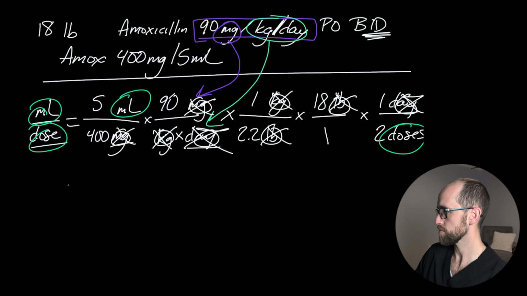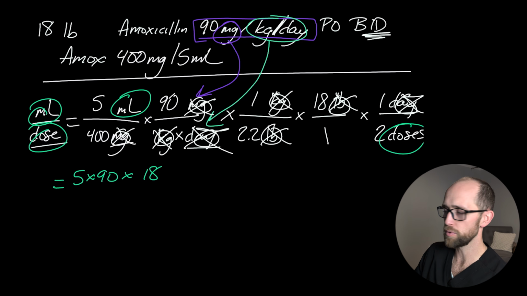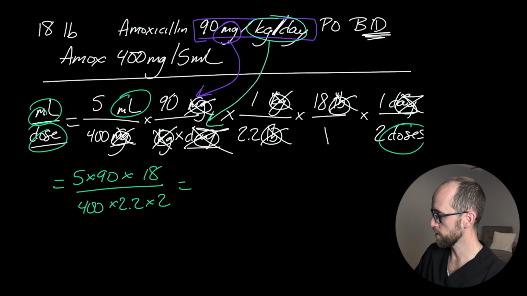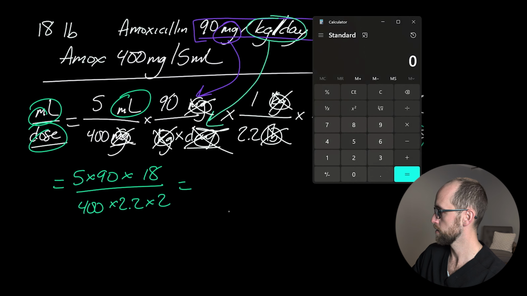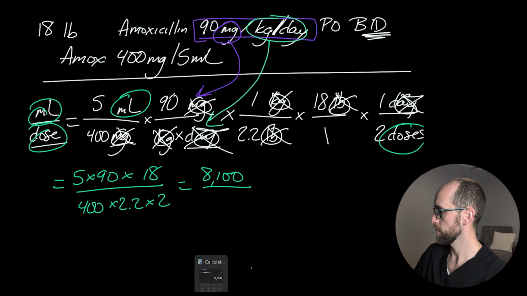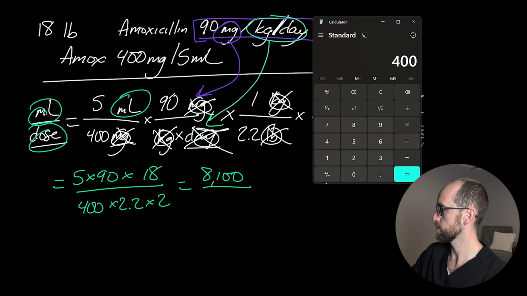So let's do the math. So we have 5 times 90 times 18, if I take out the ones, over 400 times 2.2 times 2. Let's pull up our calculator. 5 times 90 times 18 equals 8,100. 8,100 over 400 times 2.2 times 2 is 1760.